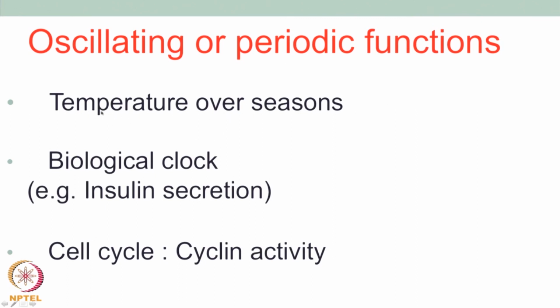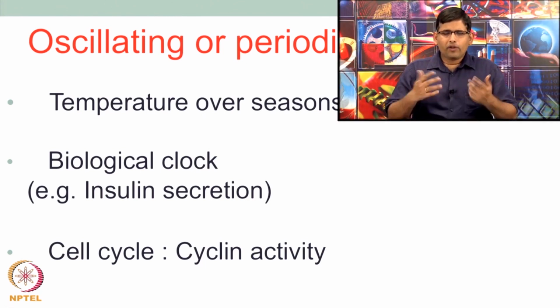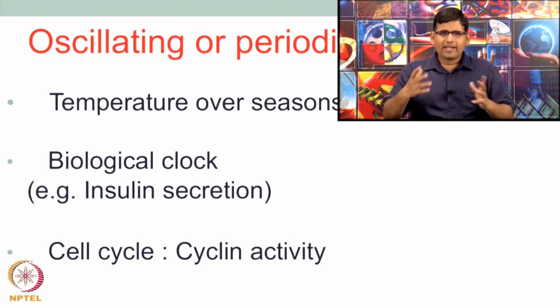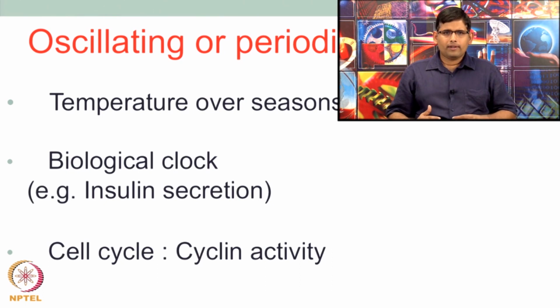We began the lecture by saying that we would want to think of events around us as experiments. So if you make a table of the average temperature of every month or every week around a year, you will see that we have summer, winter and all that. So the temperature will increase and decrease.